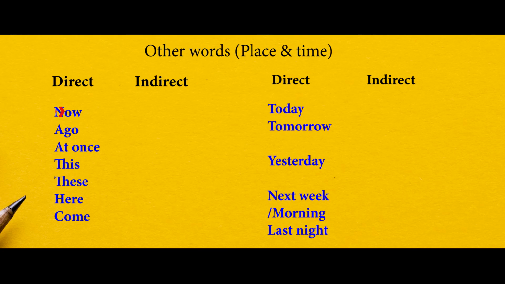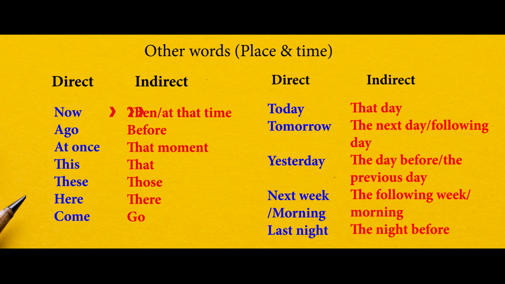So now in direct speech changes to then or at that time in indirect speech. Ago changes to before. At once changes to that moment. This changes to that. These changes to those. Here changes to there. Come changes to go.